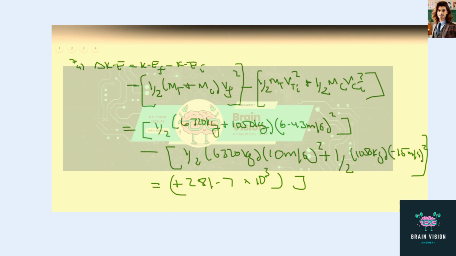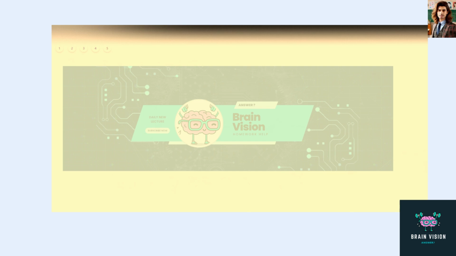So this is the change in kinetic energy for the first part, 281.7 times 10 to the 3 joules. For the second part, we have to get the change in kinetic energy. Once again, it's the final minus the initial kinetic energy.